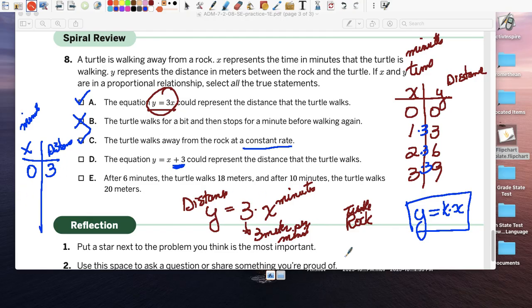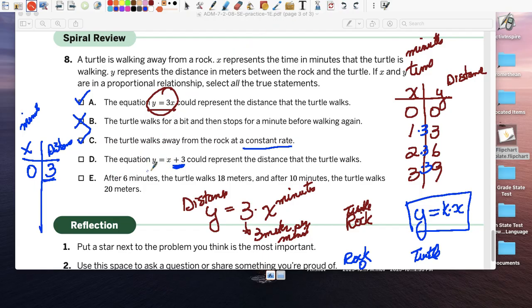Maybe before the time even started, whoever's timing this said, you know what, I'm going to put you, turtle, over here, and now I'm going to start the clock. So at 0 minutes, where is the turtle? At 3. Is this going to give us a proportional relationship? No, it's not. The table has to start at 0, 0, and with this equation, if the 3 wasn't there, then we would be okay. But there is a 3 there.